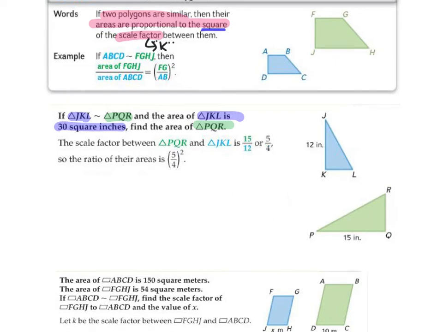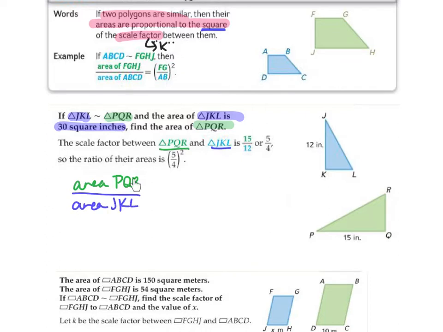This order is very important because the order of our scale factor has to directly correlate to the order of our area in the proportion. So if the area is green over blue, we're going to do area of PQR over the area of JKL.